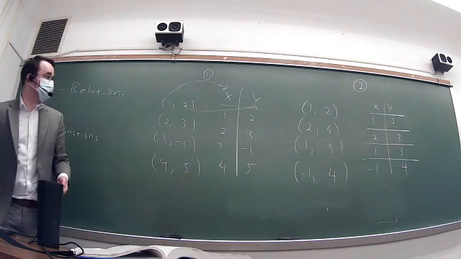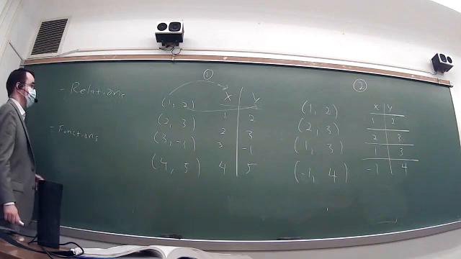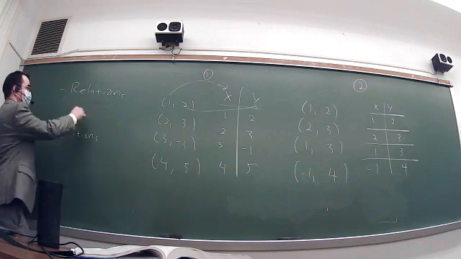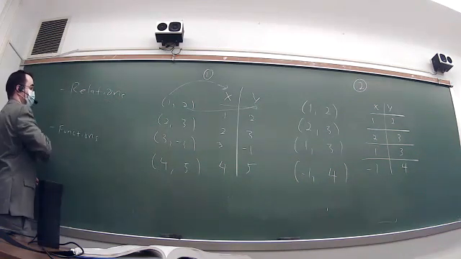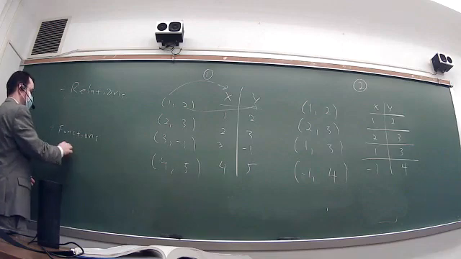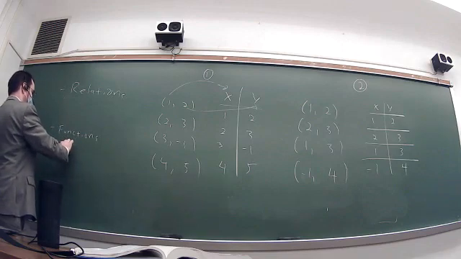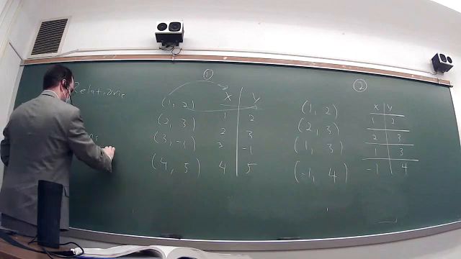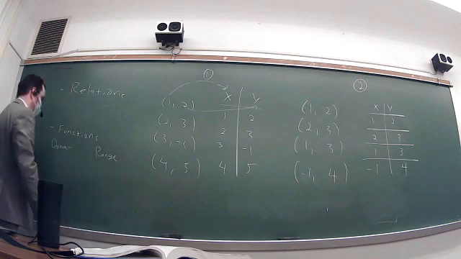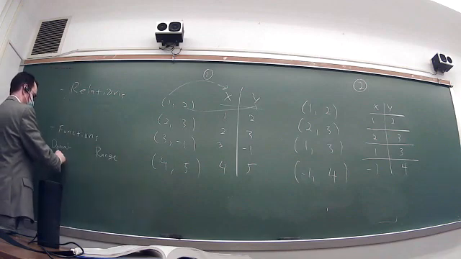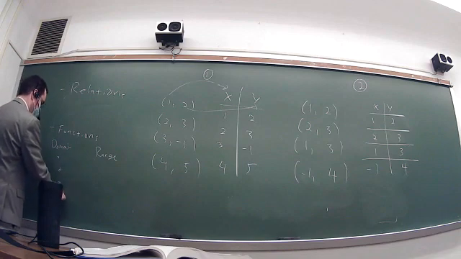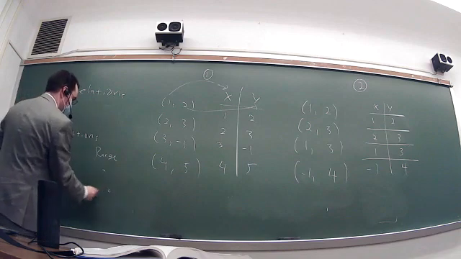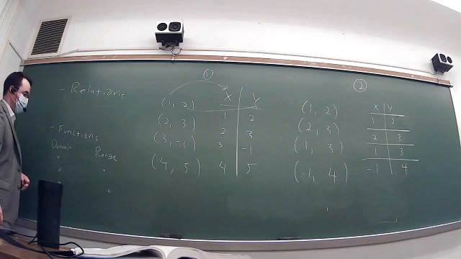Okay, so for some reminder maybe about the terminology, you think about taking a function and breaking it up in its domain and range. Remember, the domain is your collection of inputs. The range is the collection of outputs.